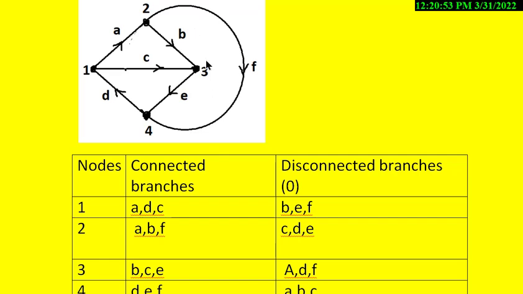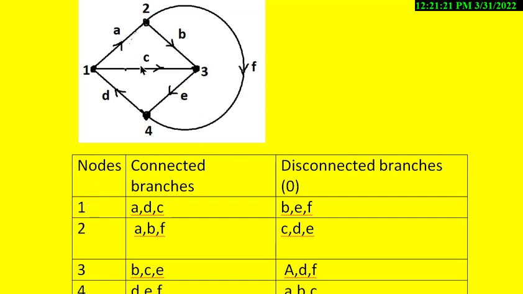After getting this oriented graph, we have to find out which branches are connected to each node and which branches are not connected to that node. Here this is node 1, so make a column like matrix like this.